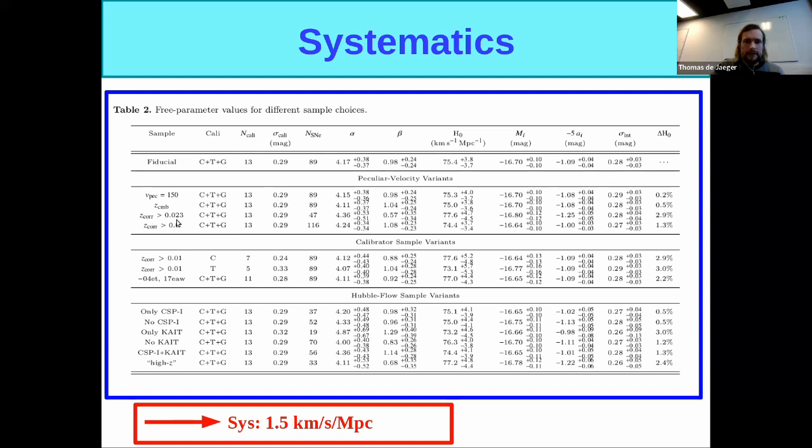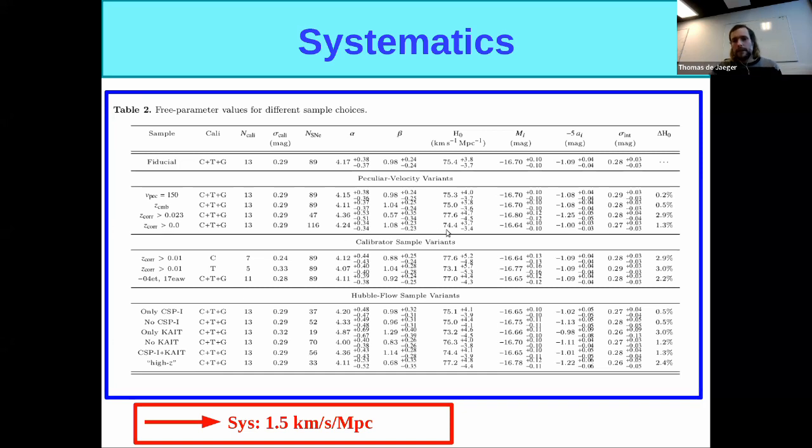And then I do some cuts. For example, instead of using 0.01, I cut at 0.023. This is the value that Adam Riess used in the SH0ES paper. You see some differences, but because the error bars are plus or minus 4, it's still consistent. And this is when I include the whole Hubble diagram, even the part with the peculiar velocities problem.